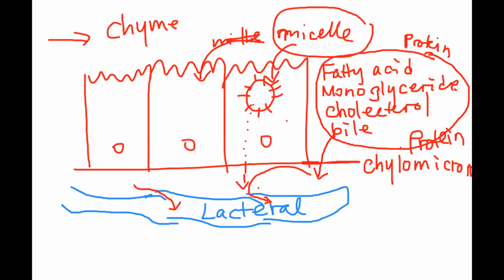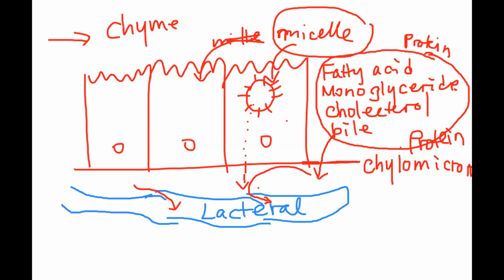Then in the simple columnar cells, the micelle breaks down and restarts making the small fat molecules, and also has the phosphoproteins to enclose everything in the center to form a chylomicron.